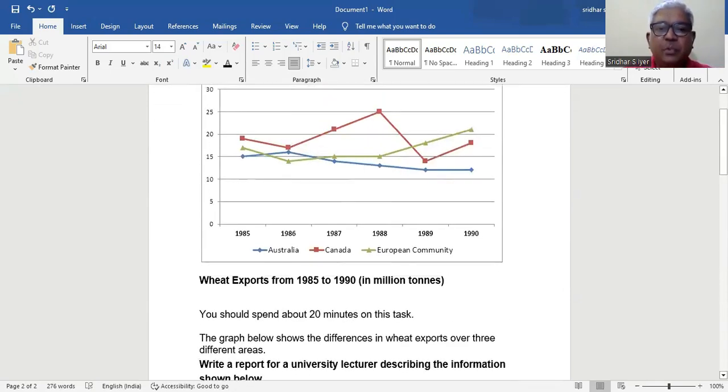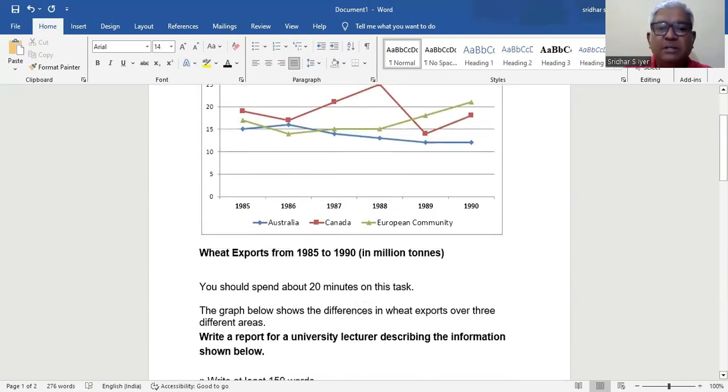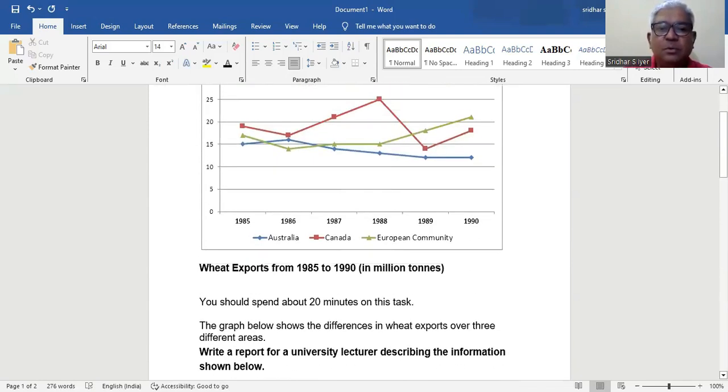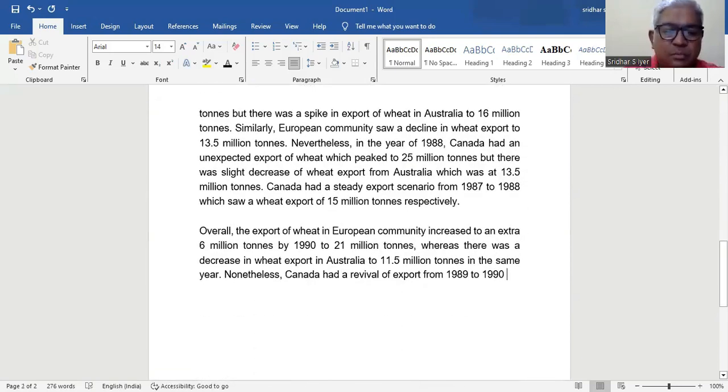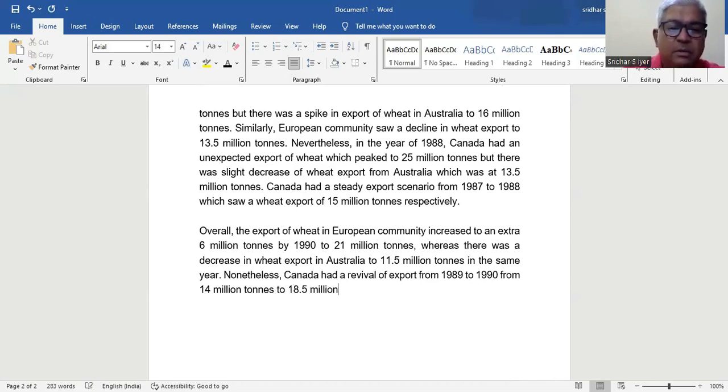from 14 million tons to 18.5 million tons. Okay.